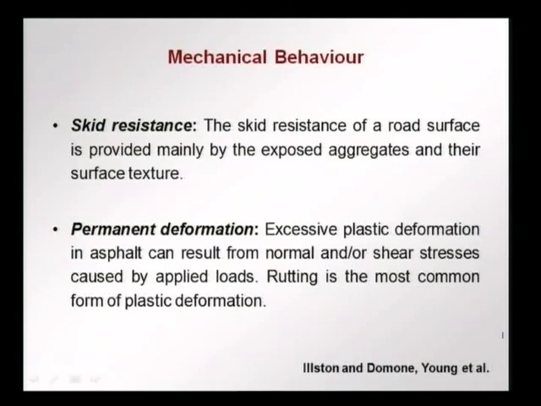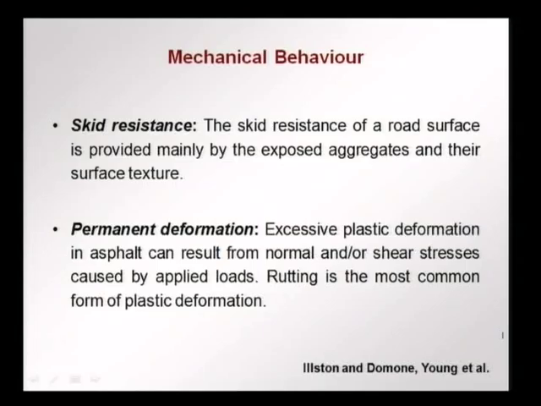Over the long term, something that we see very often in asphalt surfaces is permanent deformation. What is initially a plain flat surface does not remain so. One reason could be the settlement of the base, but other than that we can have plastic deformation of the asphalt itself. Here the traffic produces normal and shear stresses, and this can lead to plastic deformation.